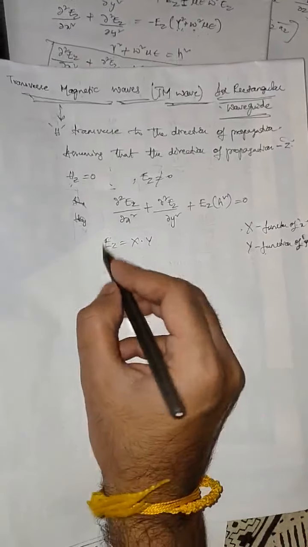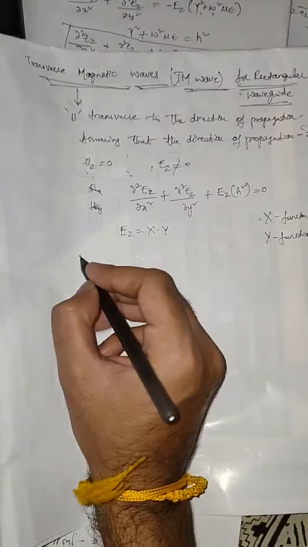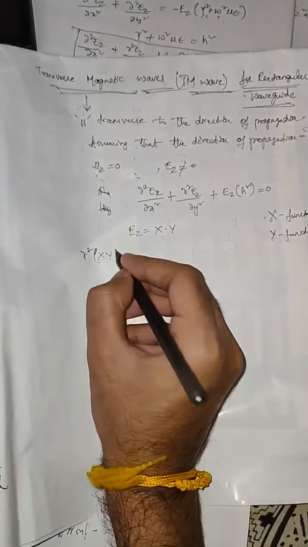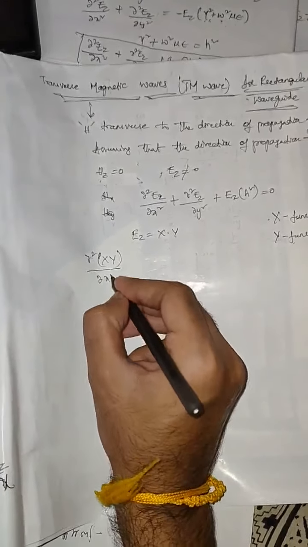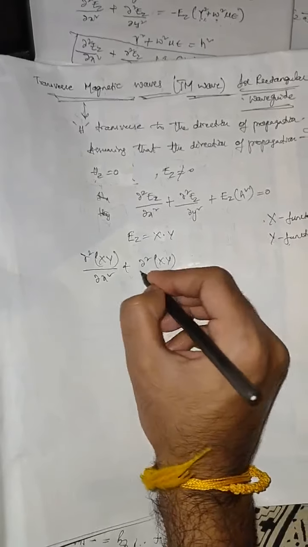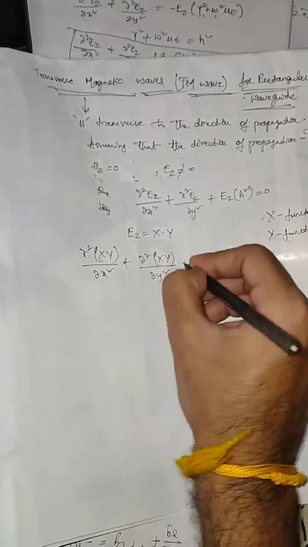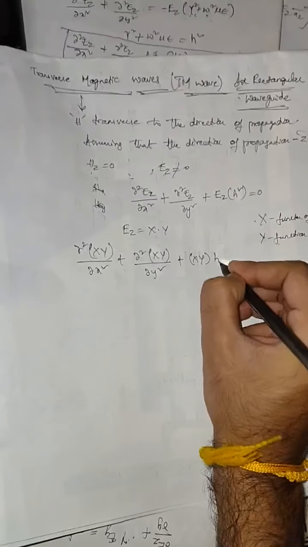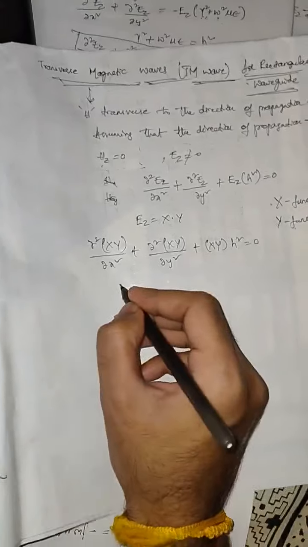So Ez is equal to X multiplied by Y, where X is a function of x and Y is a function of y. We substitute that in place of Ez: Y times the second derivative of X with respect to x, plus X times the second derivative of Y with respect to y, plus XY multiplied by h squared, is equal to 0.